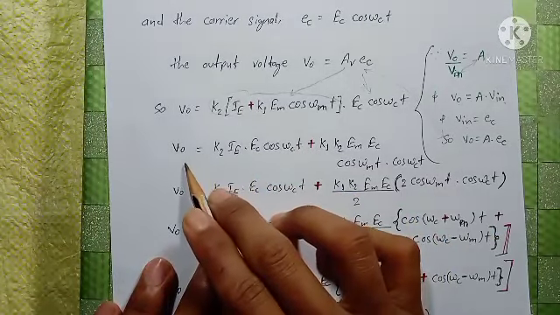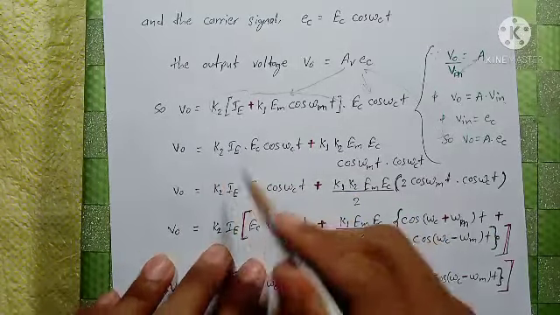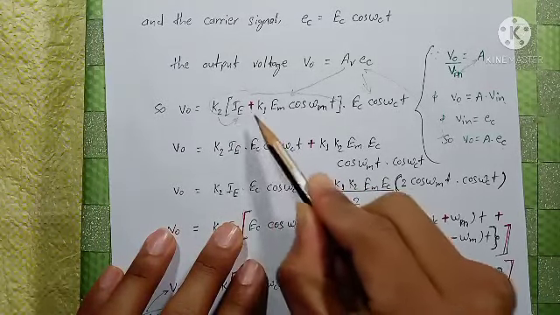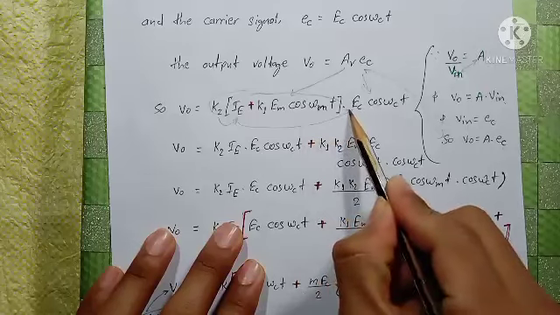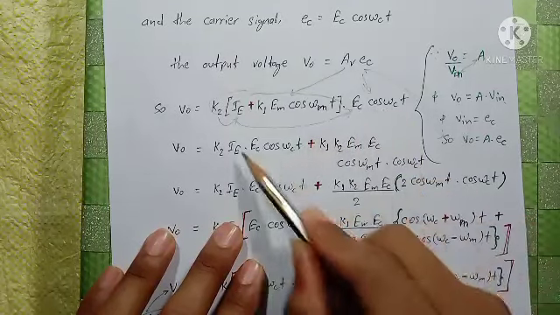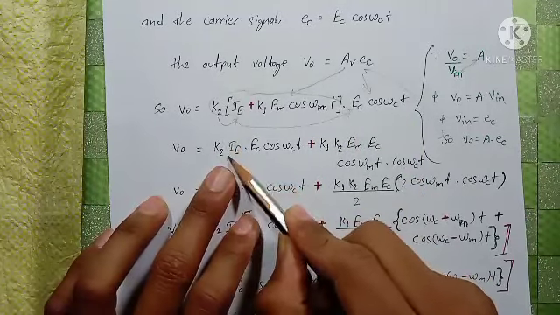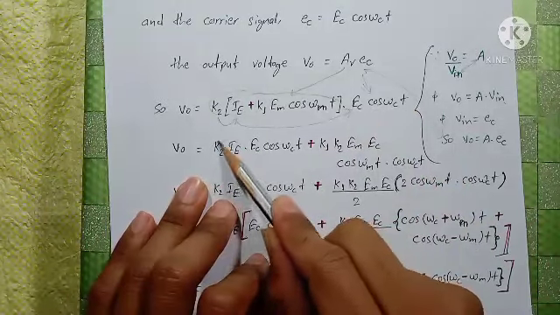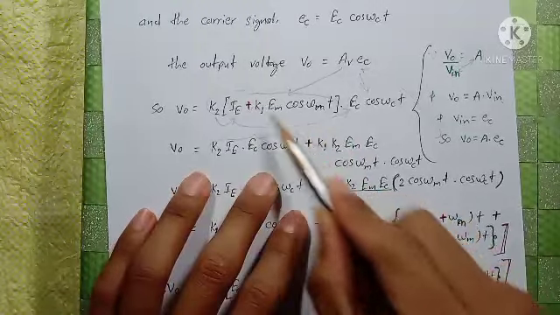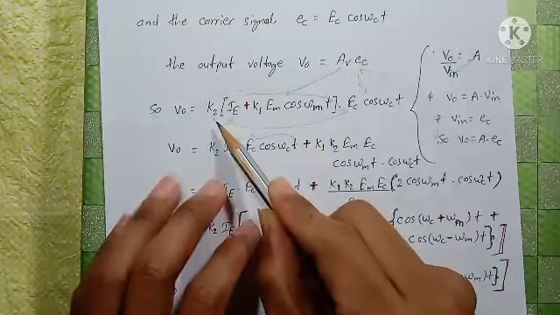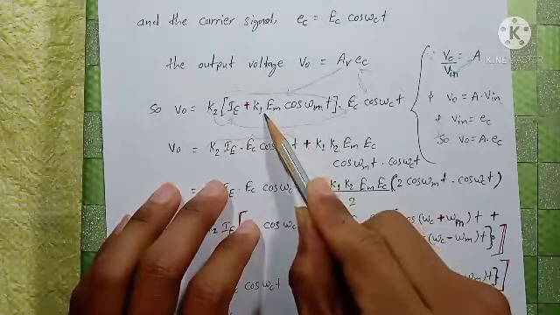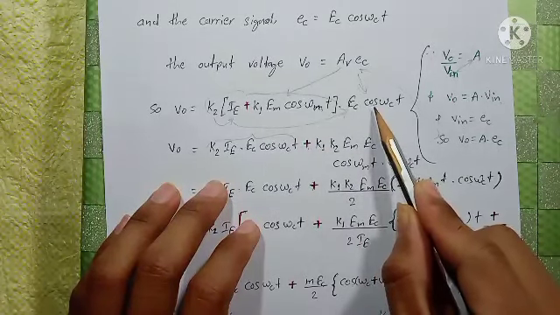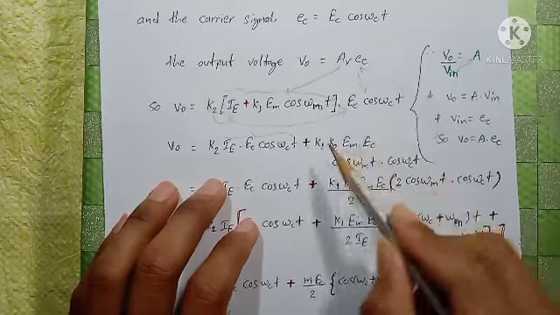Here K2 is multiplied with IE and EC cos omega c t, so we write K2 into IE into EC cos omega c t, plus K2 into K1 Em cos omega m t into EC cos omega c t.